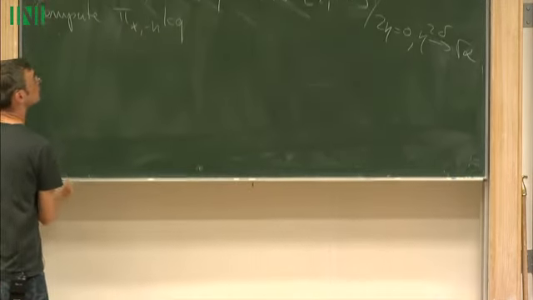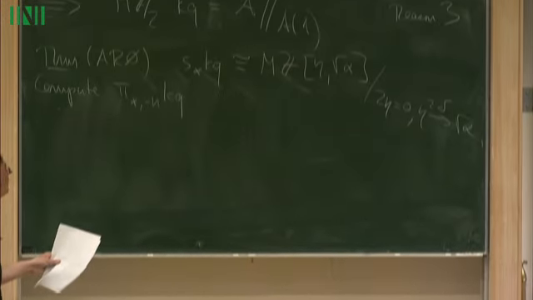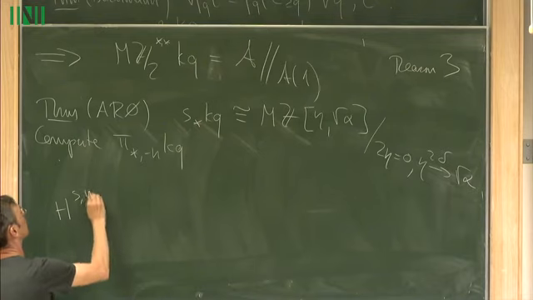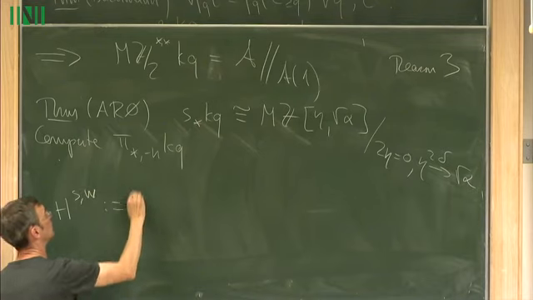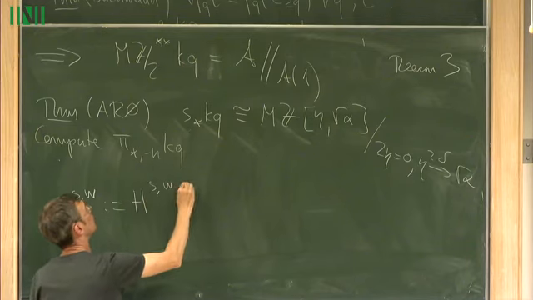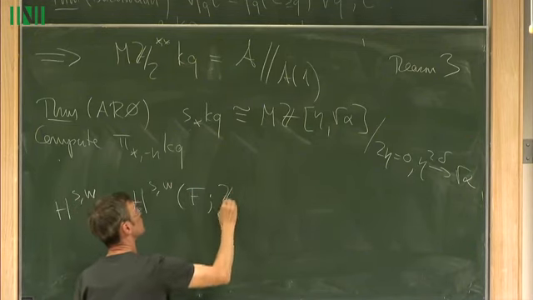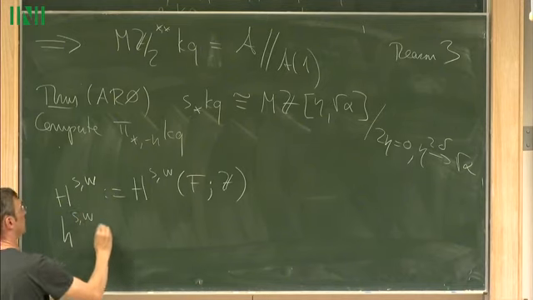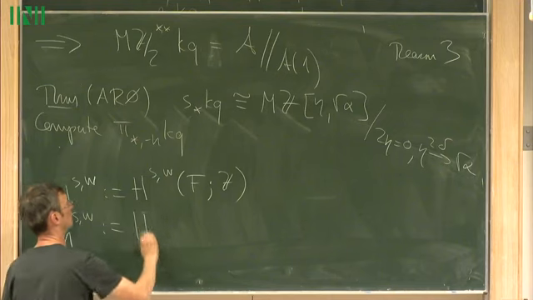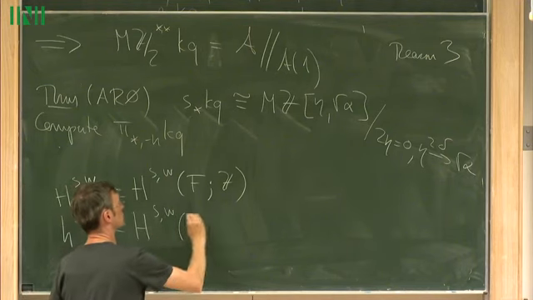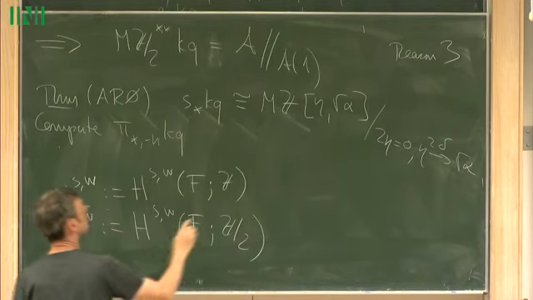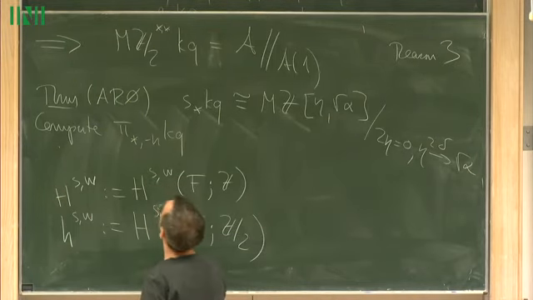Let me just draw a little bit of this picture, maybe introduce notation first. HSW is an abbreviation for the integral motivic cohomology of F, and lowercase hsw is an abbreviation for the mod 2 case. These are the only ones that appear in these slices.